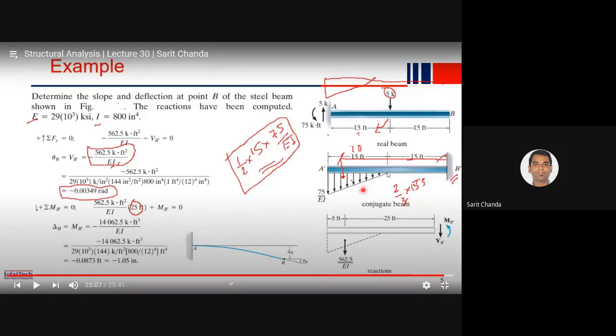Whatever shear force you will get, that same value will be the slope in the real beam. And whatever moment you get in the conjugate beam, that directly gives you the deflection in the real beam. So it is very easy to compute all the deflections and slopes in this method.